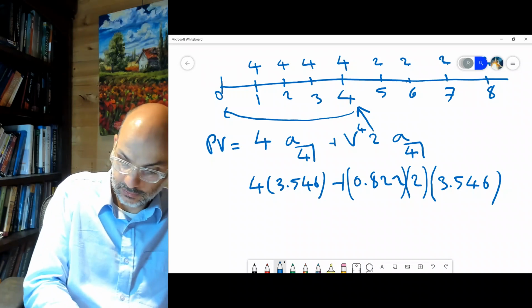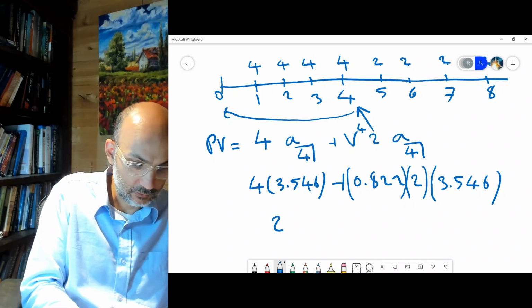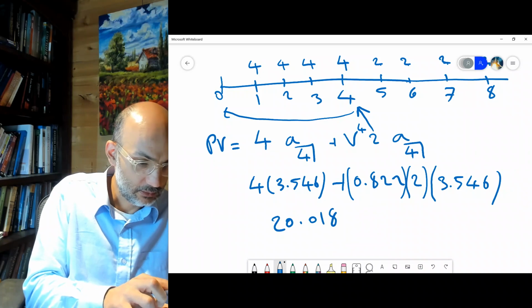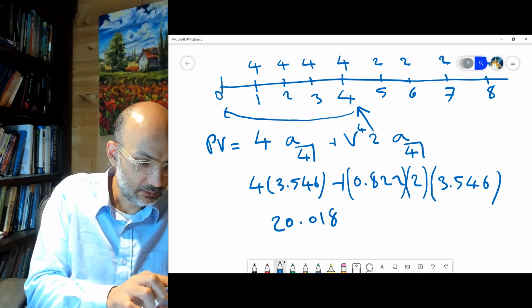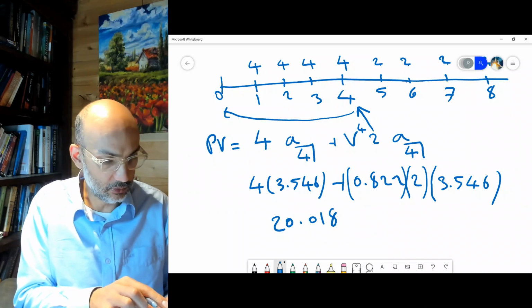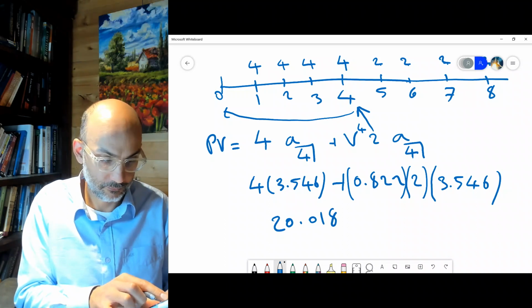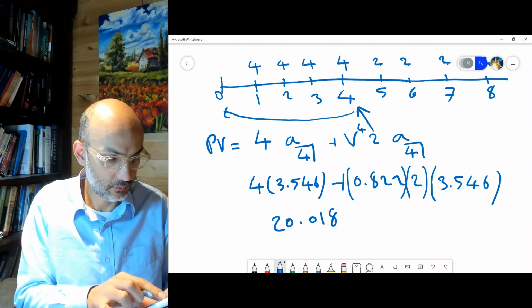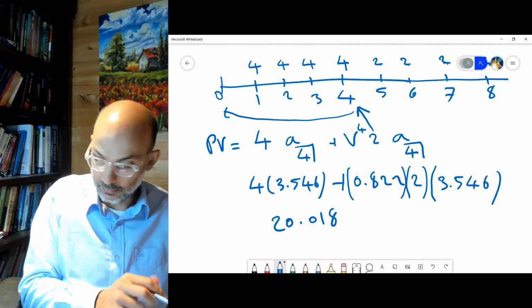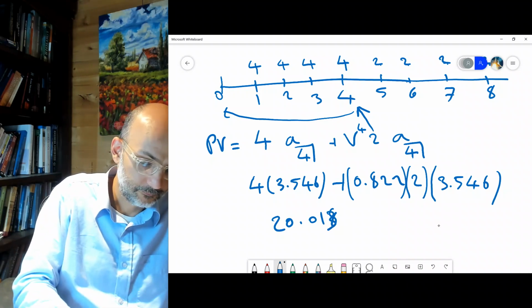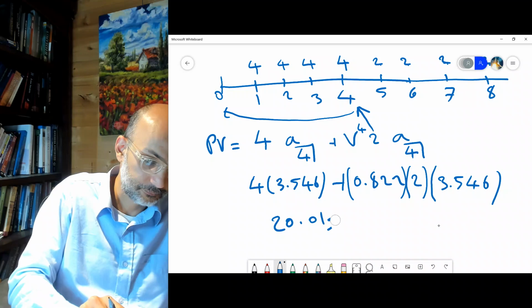I got 20.018. Did I get it right? Just let me think. I made a little mistake here. It should be okay. Let me try to see. 3.546. Yeah, it's okay. Right, so this is what I got.